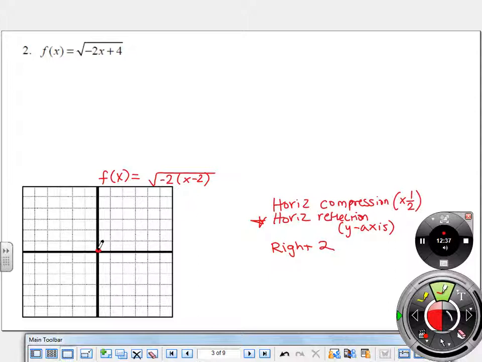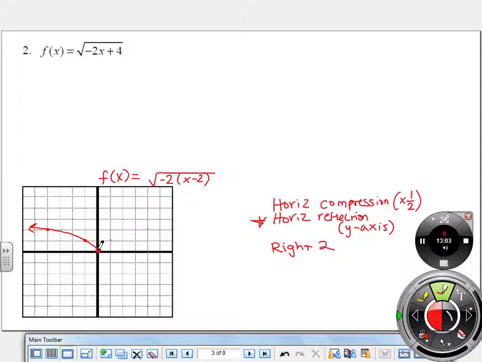But now with our horizontal reflection, that point is no longer going to be there. It's going to be over here. Okay? And then the other point we used for reference was over 4 up 2 on that side. But now it's going to be on the other side. So this is what just the horizontal reflection part would look like. So we'd be done if we were just graphing the square root of negative x. Okay? It'd be done.